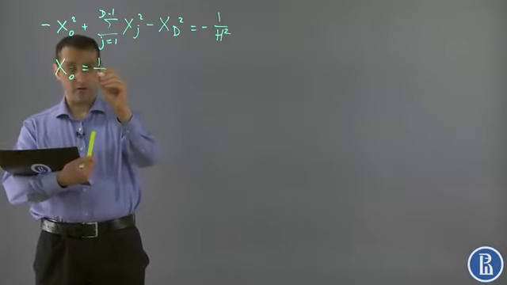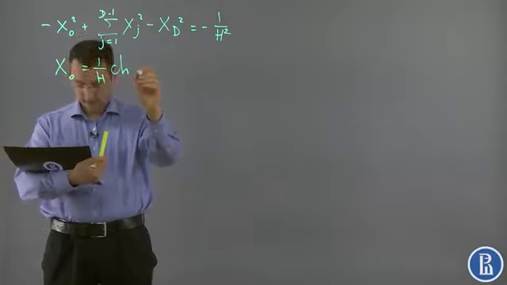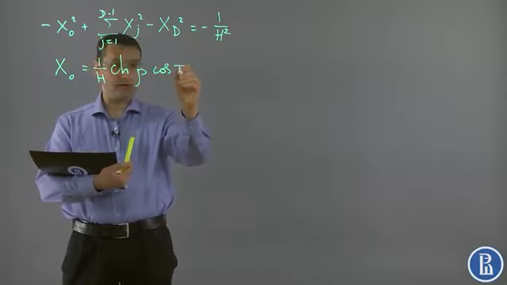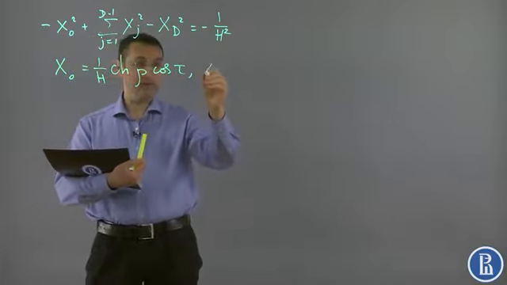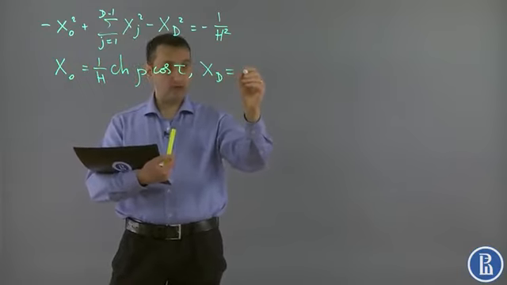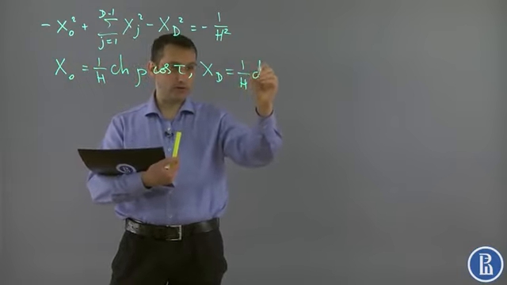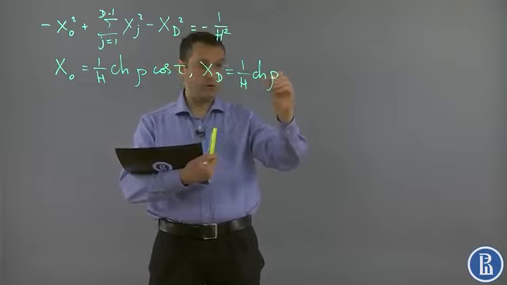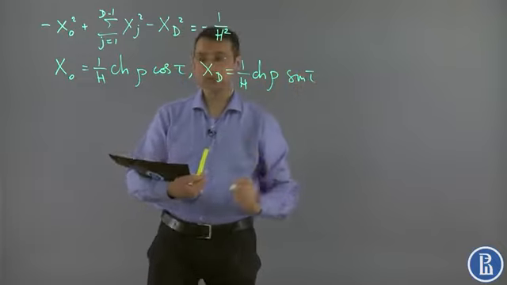x_0 equals 1 over h hyperbolic cosine of rho cosine of tau, x_d equals 1 over h hyperbolic cosine of rho sine of tau.